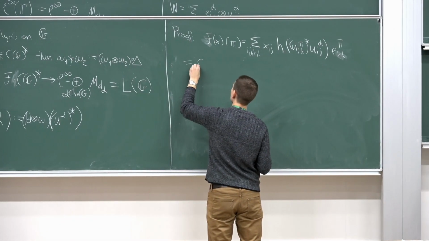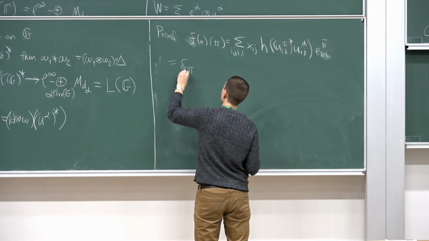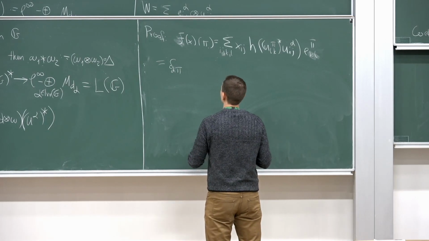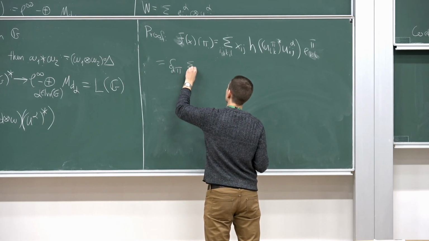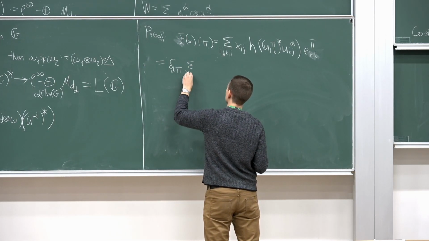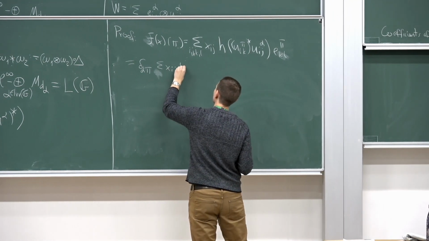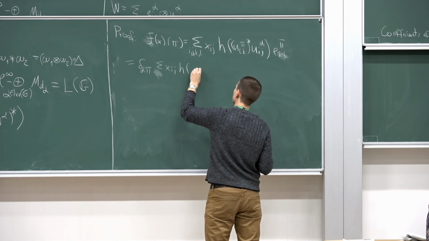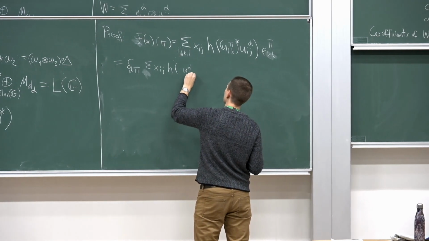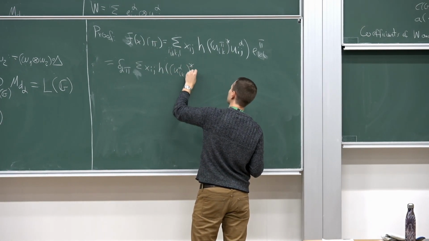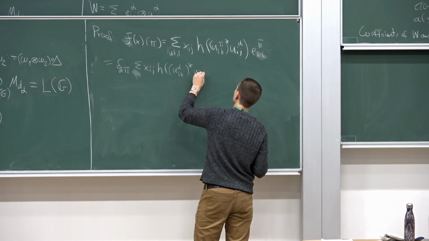So this is delta alpha pi. Once again, sum of x_ij, h of, and now we just write that this u alpha lk star u_ij alpha.